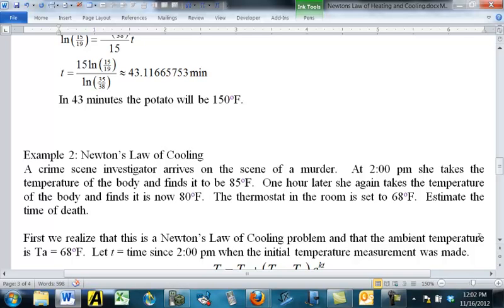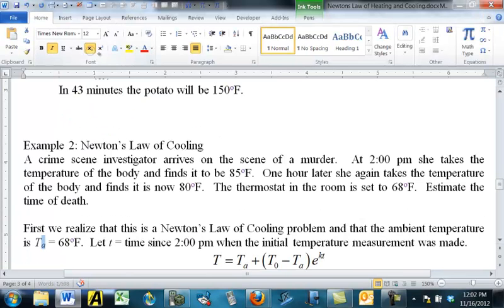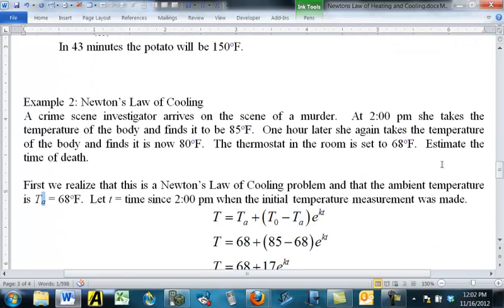If we assume the heating and cooling system is working to keep it at that temperature, can we estimate the time of death? Well, we see this as a Newton's law of cooling problem because once the body dies, it's no longer generating its own heat, and the ambient temperature of the room, T sub A, is 68 degrees, and we're assuming, of course, that 68 degrees is held constant.